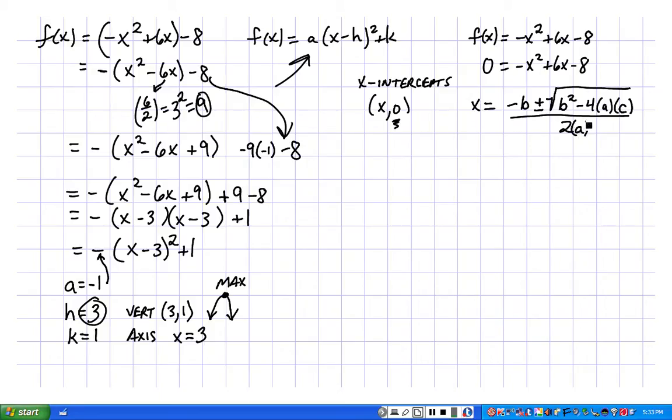Okay, where based on our initial problem, a is a negative 1, b is 6, and c is a negative 8. Alright, so a is a negative 1, b is a positive 6, and c is a negative 8.